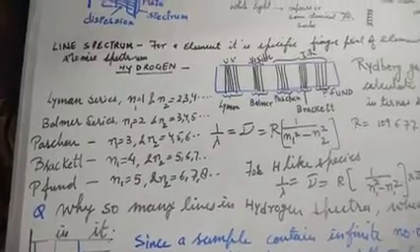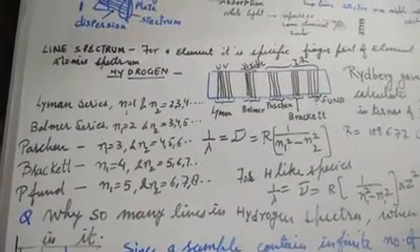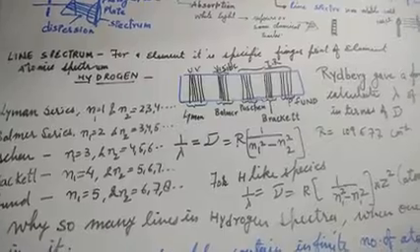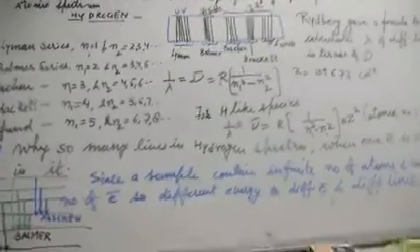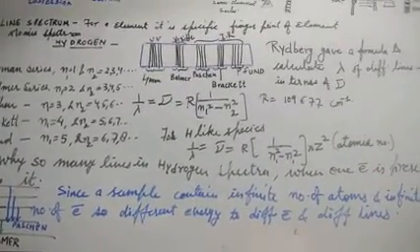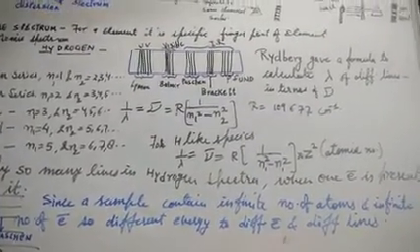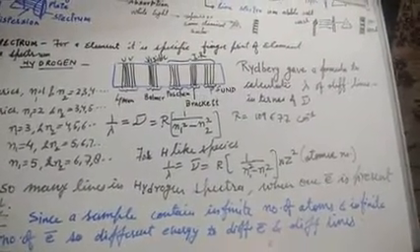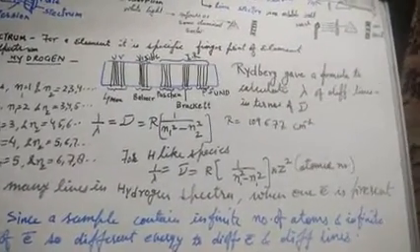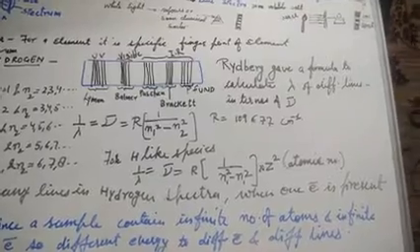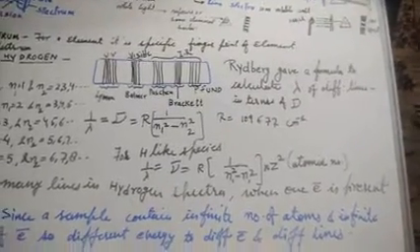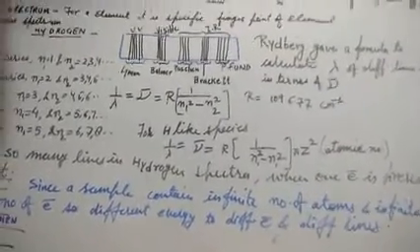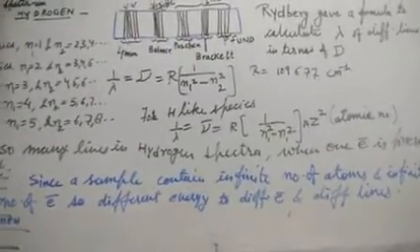Hydrogen exists as hydrogen gas, and a sample of gas contains an enormous number of molecules, which in turn contain an enormous number of atoms, and those contain an enormous number of electrons.